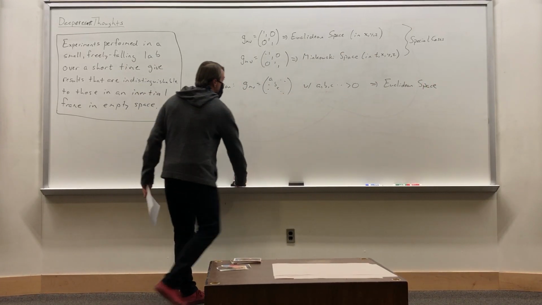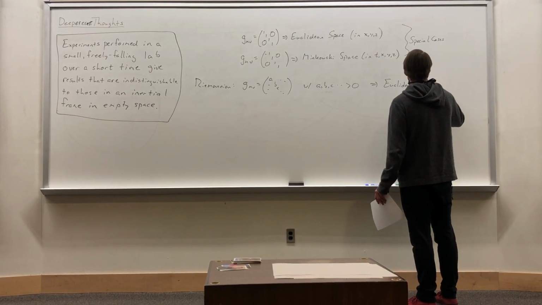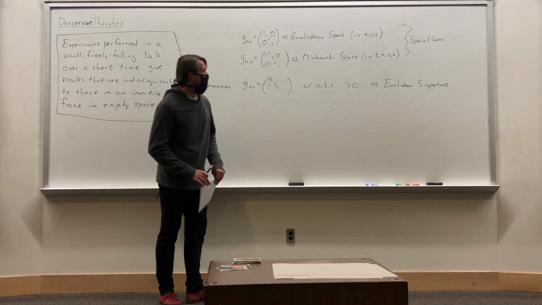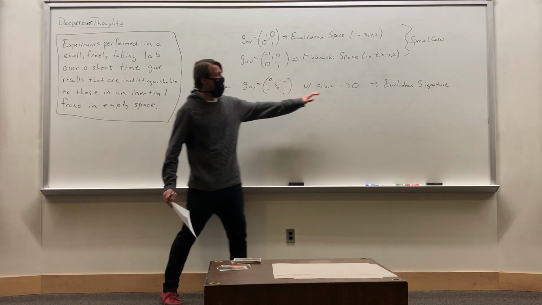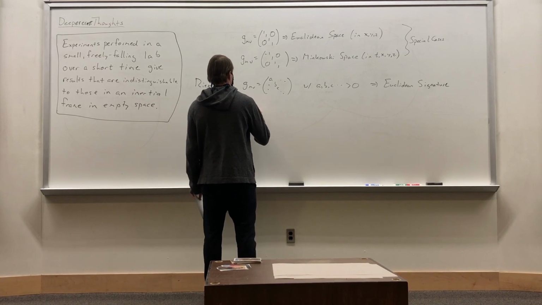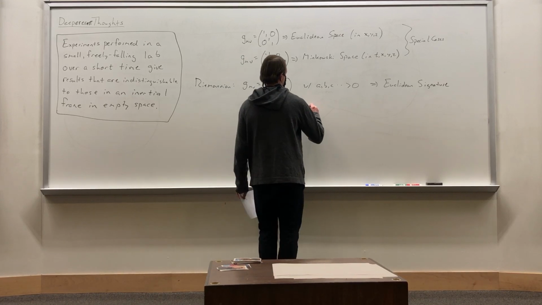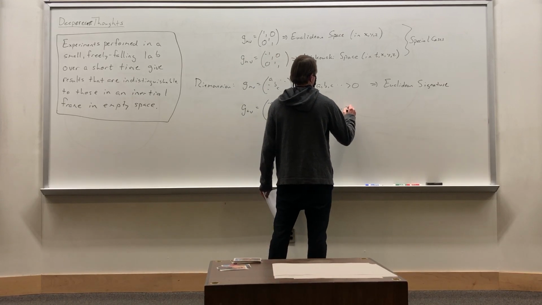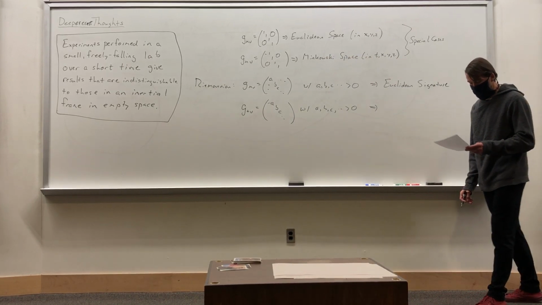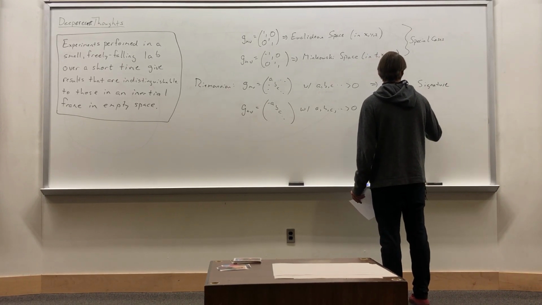This doesn't give me a Euclidean space. It gives me what is called a Euclidean signature space. That is, if all of the diagonal elements of the metric are positive, then it's called Euclidean signature. However, if the upper leftmost element is negative with respect to the rest of them, then we have what's called a Lorentzian signature space.